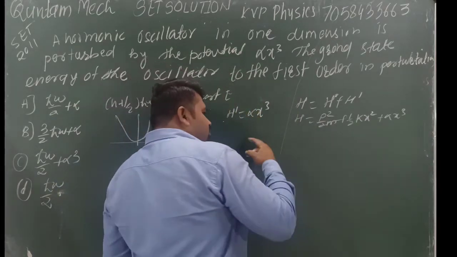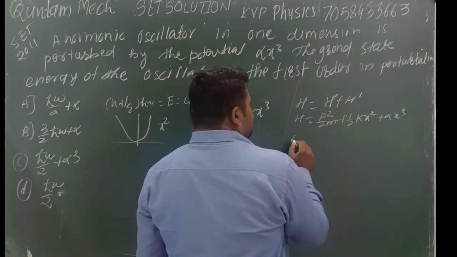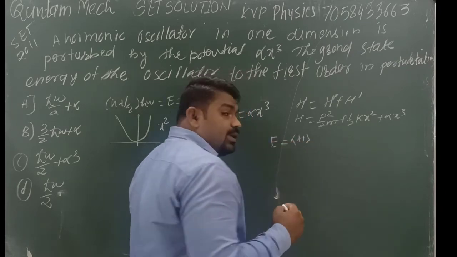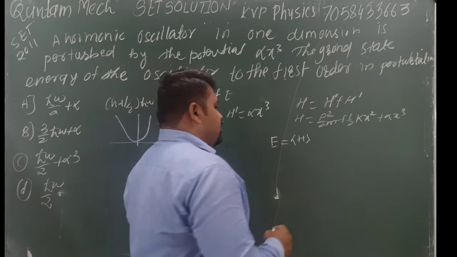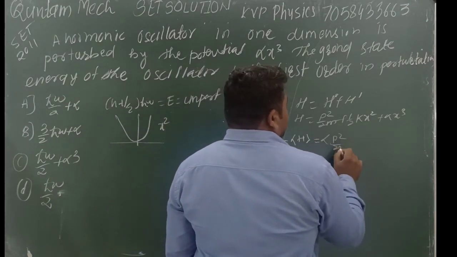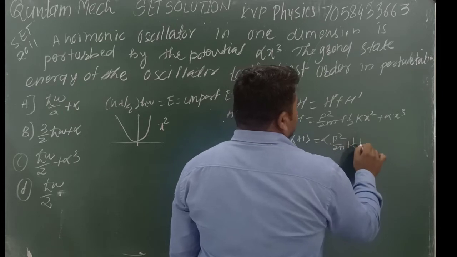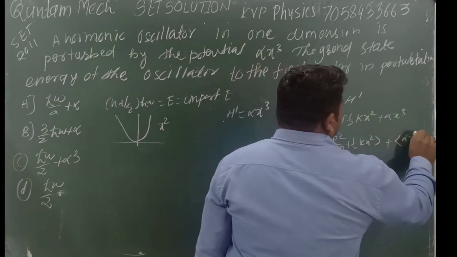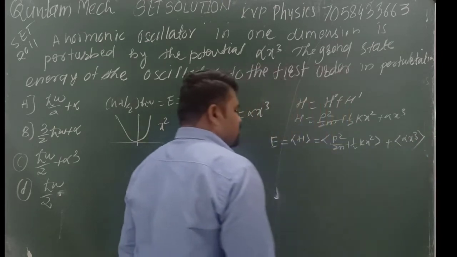Next we can find the energy for this system. Take the expectation of the Hamiltonian, which is nothing but energy. On the right-hand side, the expectation of P square upon 2m plus 1 by 2 k x square, plus the expectation of alpha x cube.